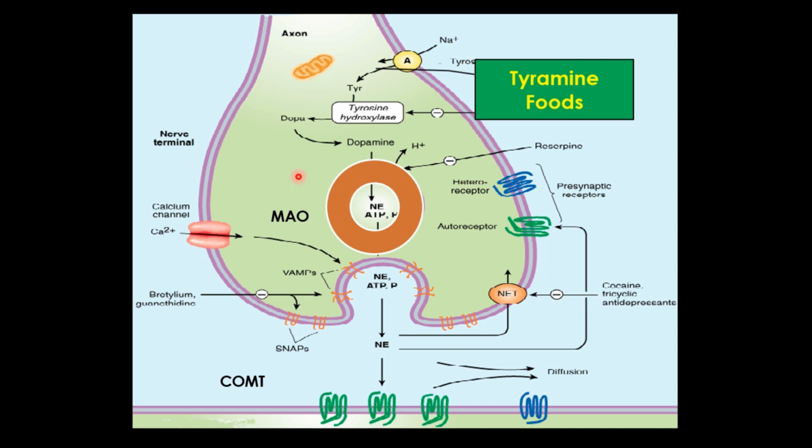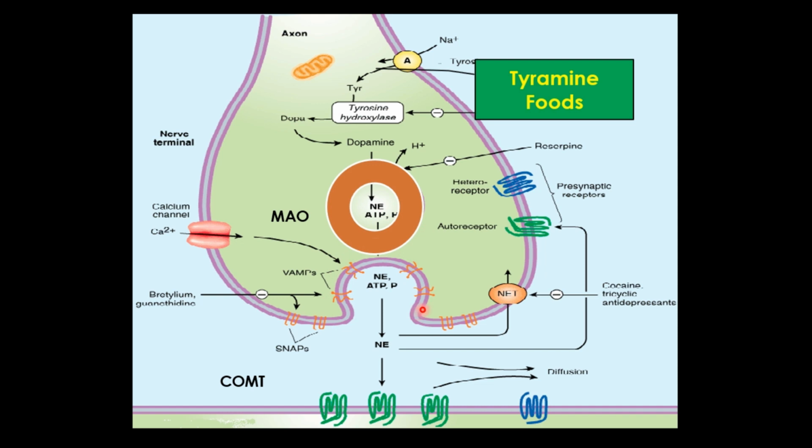When the action potential reaches the neuron, the calcium channels open and calcium enters the neuron, and this calcium attracts the vesicular membrane towards the neuronal membrane.